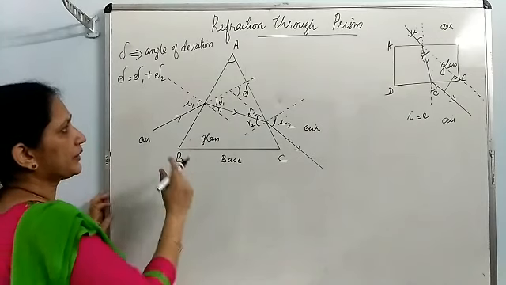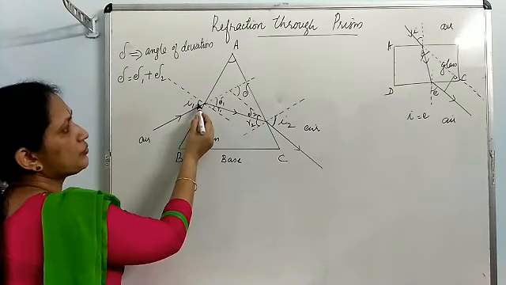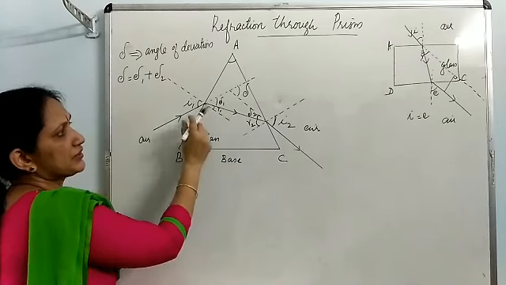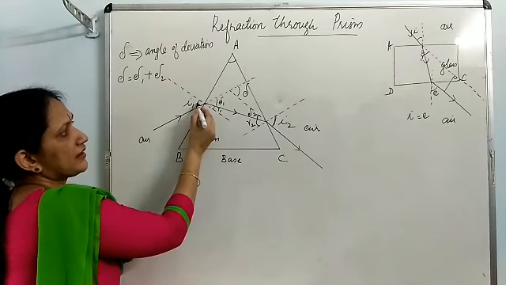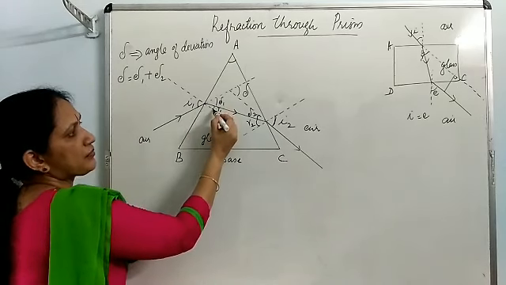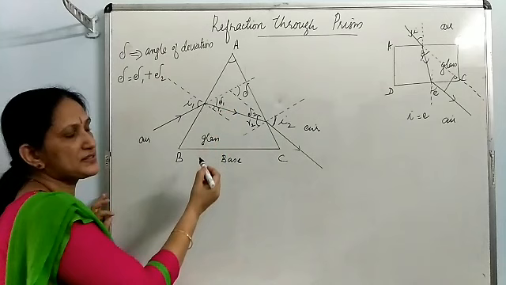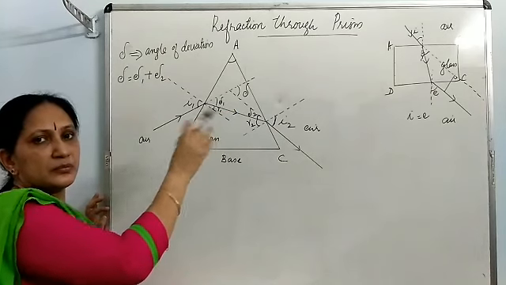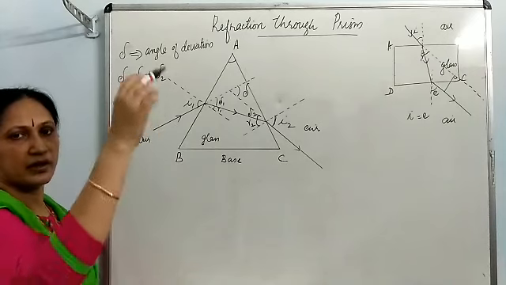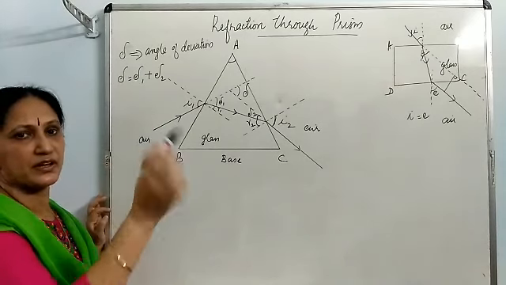Then look at the diagram. This I1 is equal to R1 plus delta 1. You can see this angle I1 is the sum of R1 and delta 1. They are opposite angles. When two lines cross each other, the opposite angles are equal.